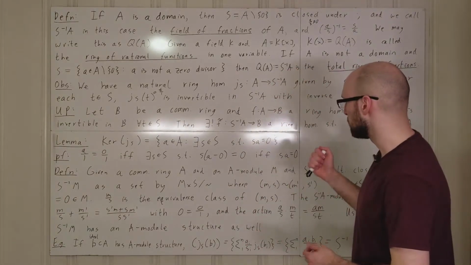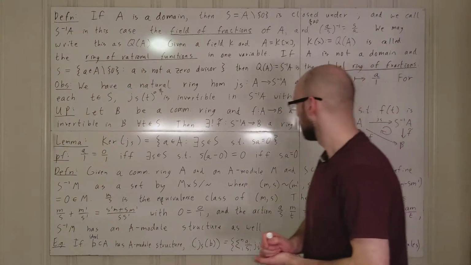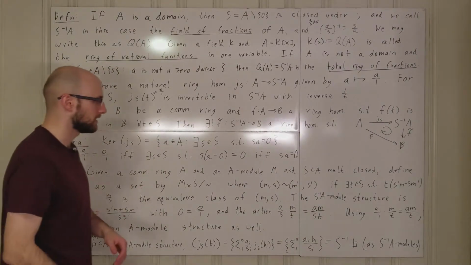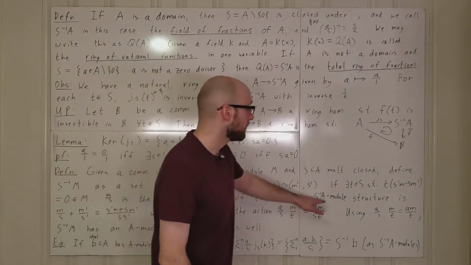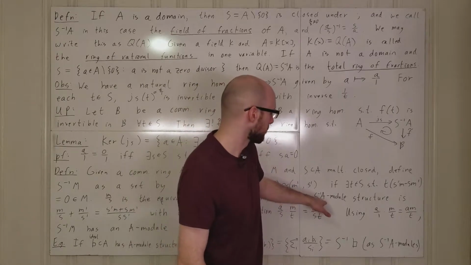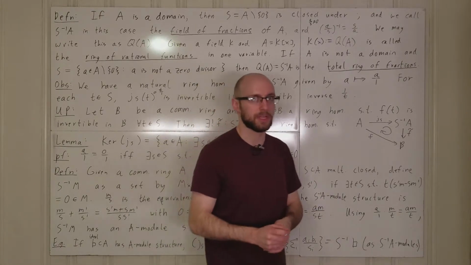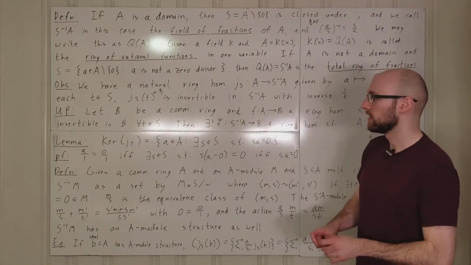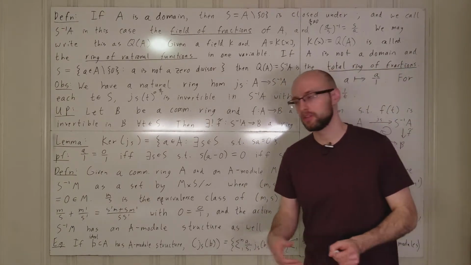So anyways, M over S again will be the equivalence class of (M, S), and then we can give it an S inverse A module structure. So not a ring structure, but an S inverse A module structure. Well, we need an Abelian addition law.